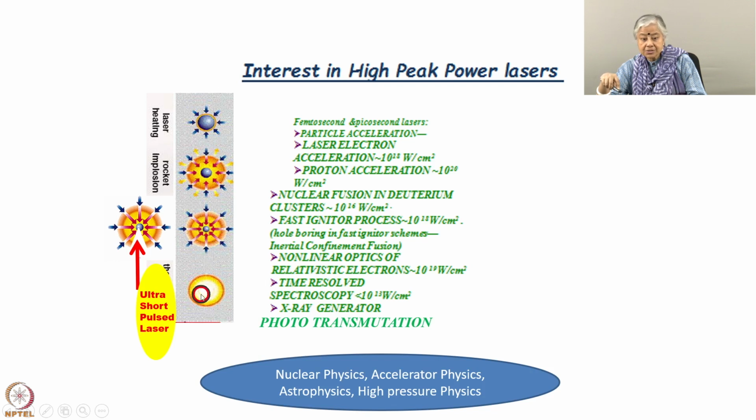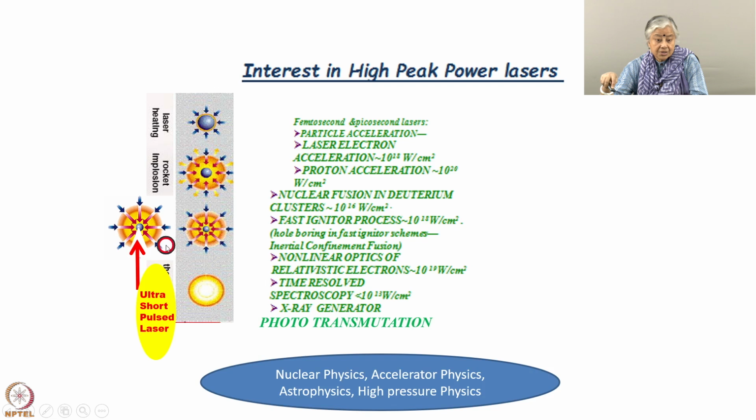But of course, it wasn't successful with that original ICF process. So what researchers have tried out now is, because now you have this high peak power laser and an ultra short pulse, what one can do at this stage, that's what they are thinking, not that they have been successful as yet.